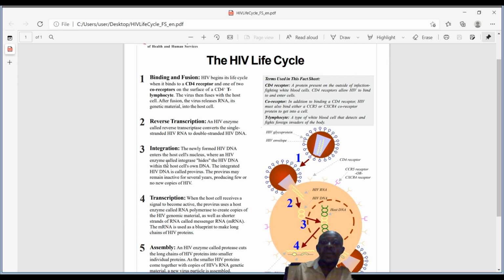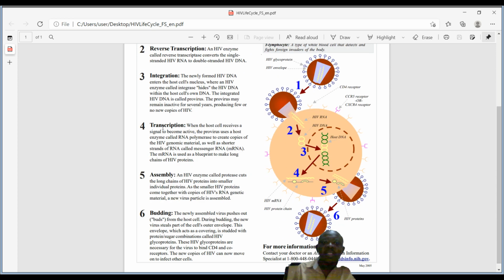Then when we talk of integration, we are looking at the enzyme integrase that is combining the new HIV DNA to the host DNA. Then during the process of transcription, we have the RNA polymerase that creates copies of the genetic material needed for the HIV.